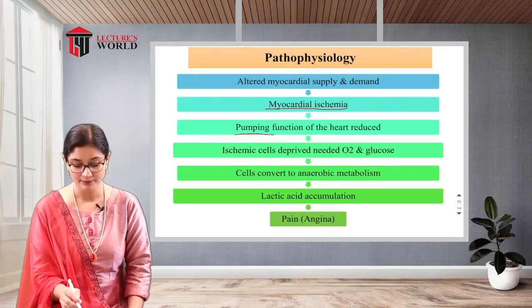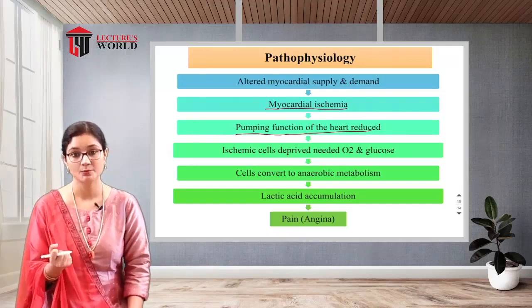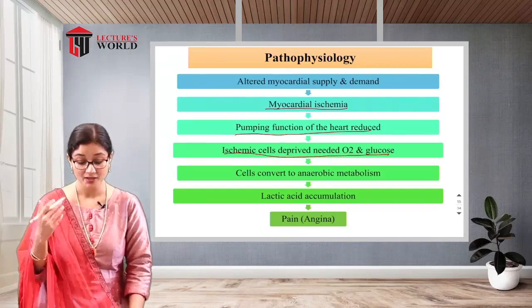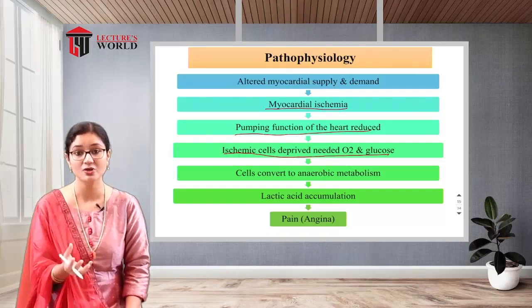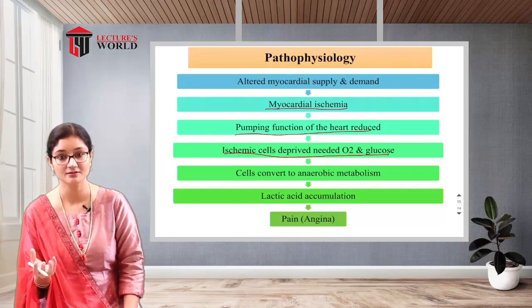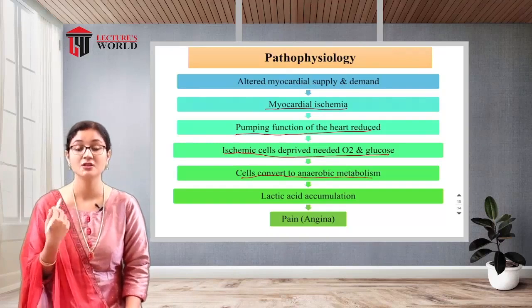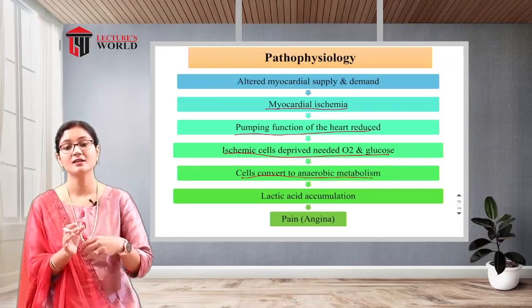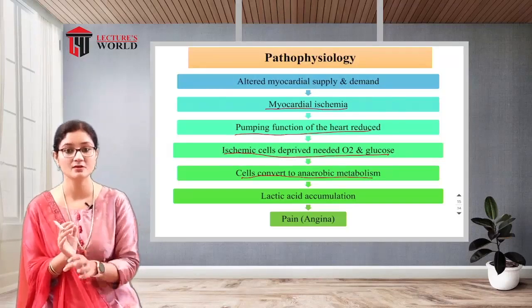Because of this, the pumping function of the heart is reduced. The heart is not able to pump properly. Ischemic cells are deprived, that is, the myocardial cells are not getting adequate oxygen. Because of this, the cell is converting to anaerobic metabolism. Ideally, the cells undergo aerobic metabolism, that is with the help of oxygen.